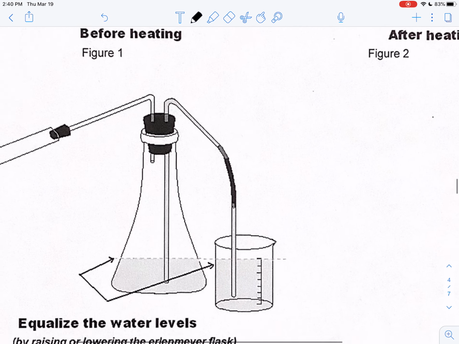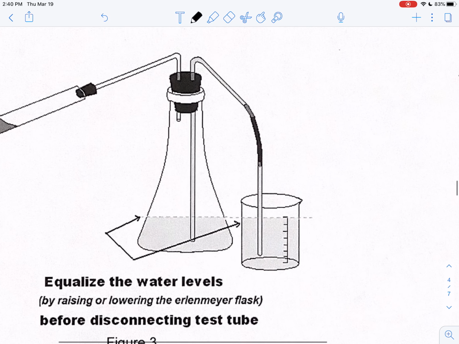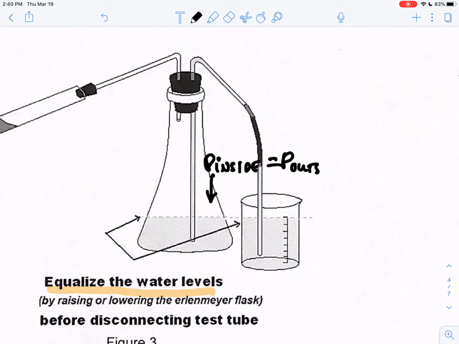When the reaction is finished, you are going to equalize the water levels between the beaker and the flask. You may have to lift up the beaker or lower it, but the important thing is that when the levels of water are equalized, the pressure inside your flask is going to be equal to the pressure on the outside.